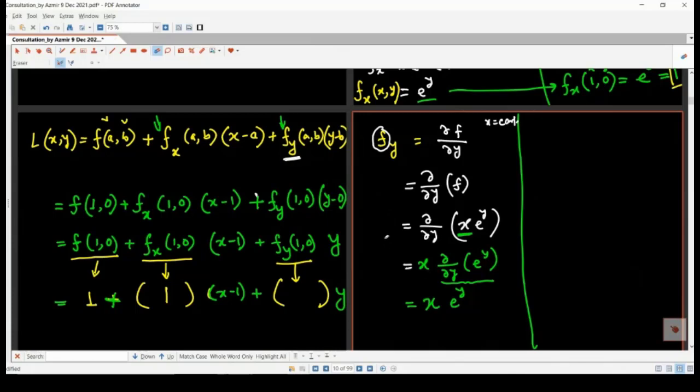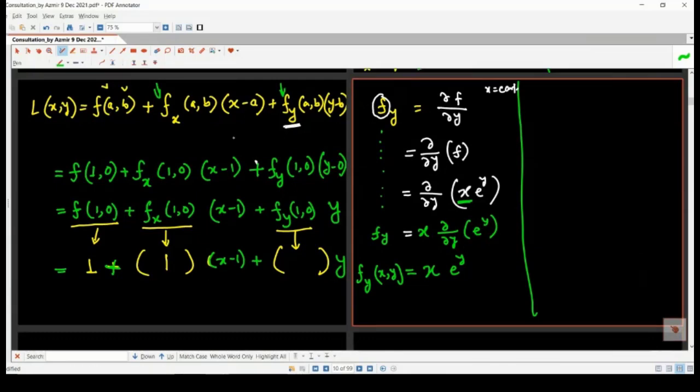So it is coming from f sub y, or we can think that f sub y is a function of x comma y. Now you can see that we have to find f sub y at the point 1 comma 0.